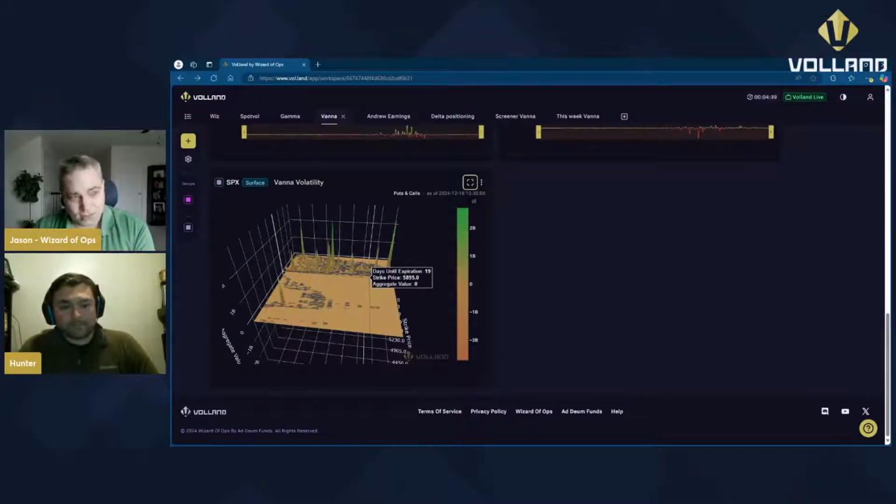Even as a user of Volland myself, I find it sometimes frustrating that when I hit all expirations and I see a big spike somewhere like 6,300, I'm sitting there scrolling through every single expiration in order to identify where that spike is. Is it sometime soon, or out a year from now, or 6 months?